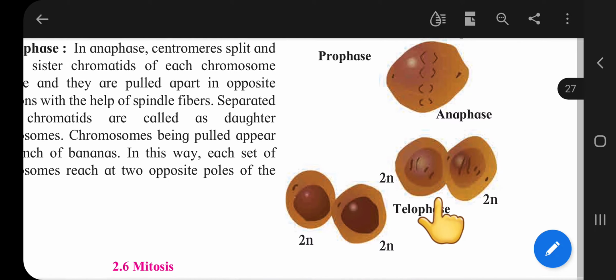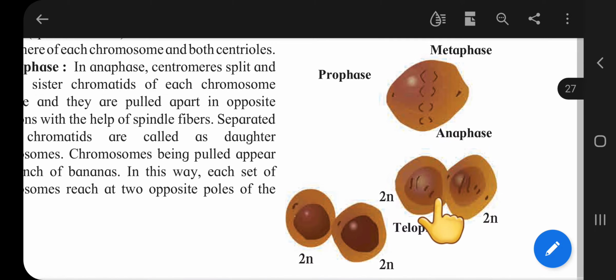The next stage is the telophase. The chromosomes which have reached the opposite poles of the cell now start to decondense, due to which they again become thread-like, thin and invisible.